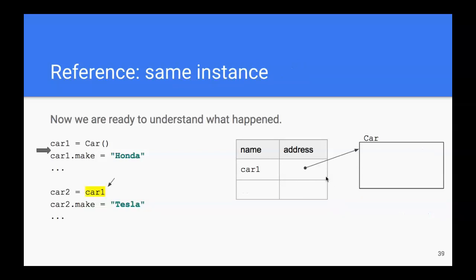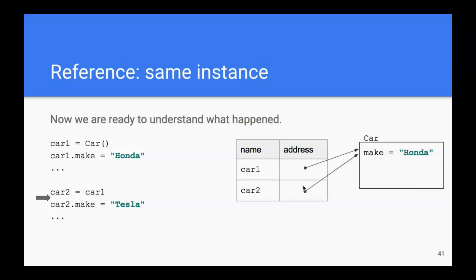All right, so what happens when we change the assignment for car2? Instead of assigning a new instance, we assign car1. So we start with the same picture. Nothing's new here. The difference is in the next step. When we assign car1 to car2, car2 takes on the same reference as car1.